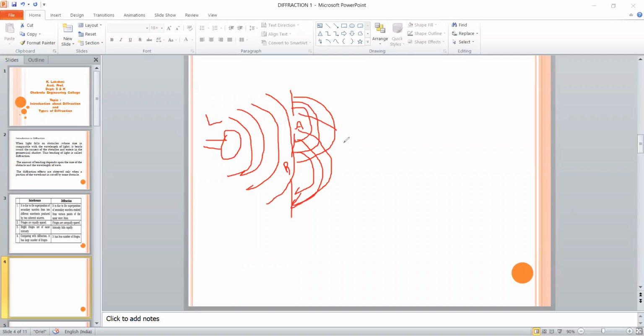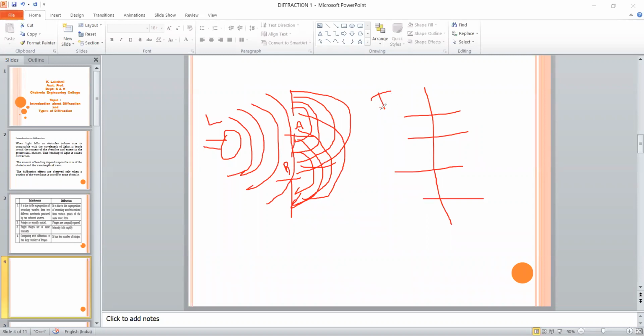Due to these two slits, the single wavefront is split into two wavefronts. By the superimposition, that means the mixing of these two wavefronts, at a screen, dark and bright fringes are observed.